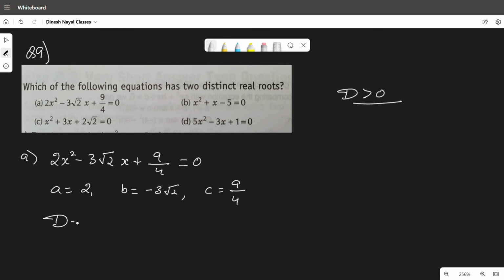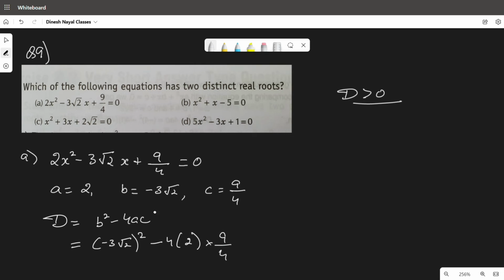Now see, if we solve the discriminant D, which is b square minus 4ac, b is minus 3 root 2, whole square, minus 4 into 2 into 9 by 4.